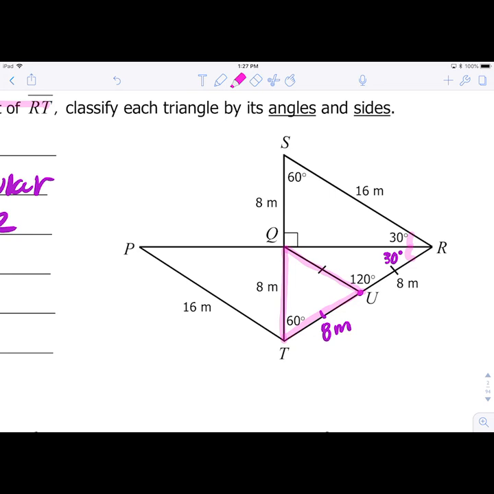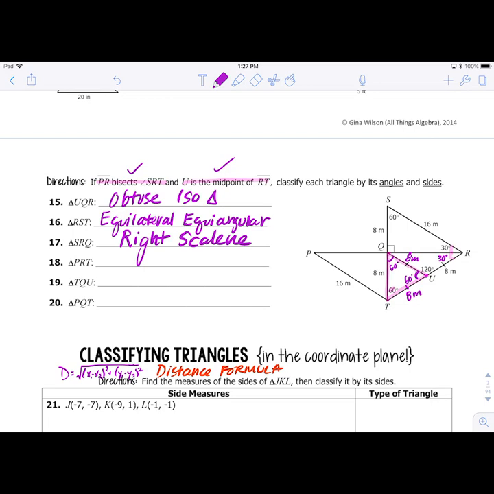The side TU has one tick mark, side QU also has a tick mark, so we know that that is 8 meters. All the sides are 8 meters. This angle right here is 60 degrees. This angle right here is also 60 degrees because it forms a linear pair with angle QUR. Therefore, this angle also has to be 60 degrees, equilateral, equiangular once again.